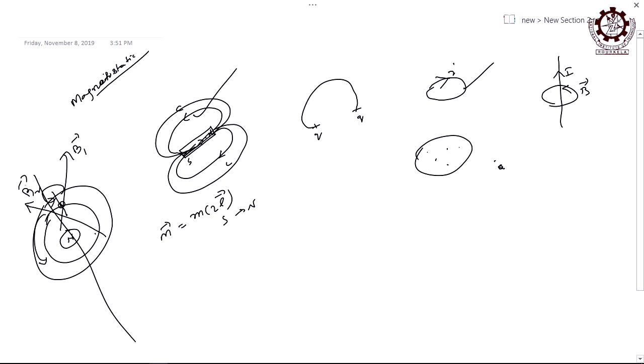Similarly, there may be 10, 11, 100, any number of electrons. Every electron revolving around the nucleus has a net magnetic field, because each is treated as a magnetic dipole. Now, find the sum of these vectors B1 up to Bn, where n is the number of electrons involved.